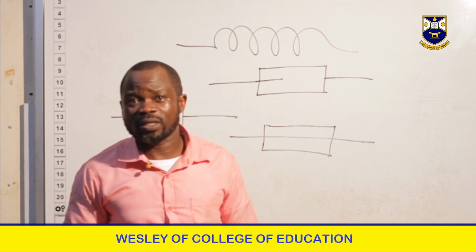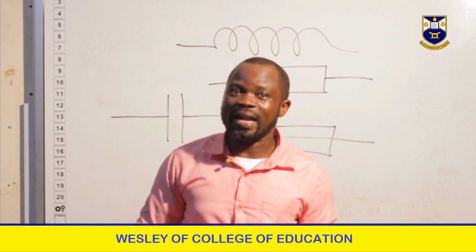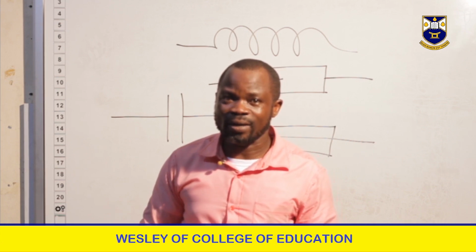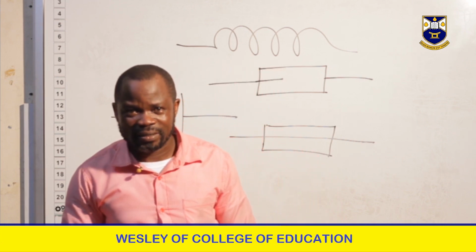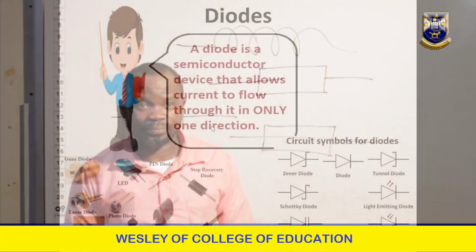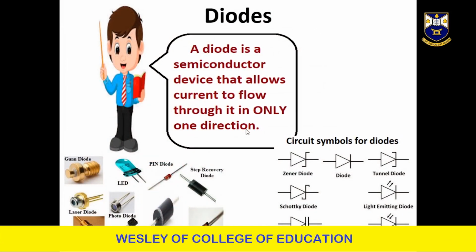So a diode is a semiconductor device that allows current to flow through it in only one direction. We have some examples of diodes, so many of them. At the JHS and basic level, students will be required to identify some of these and relate them to their electronic symbols.